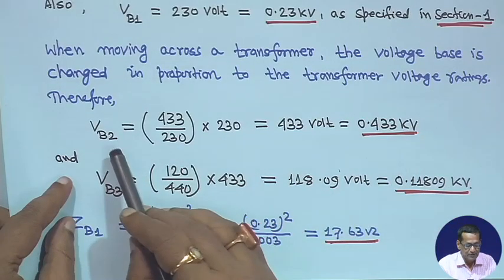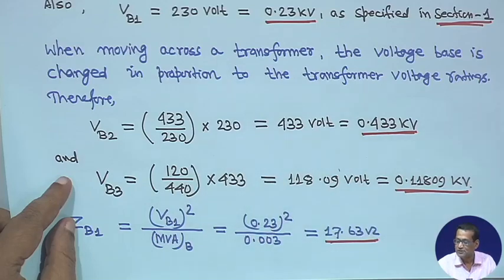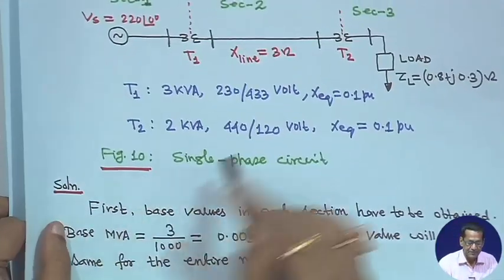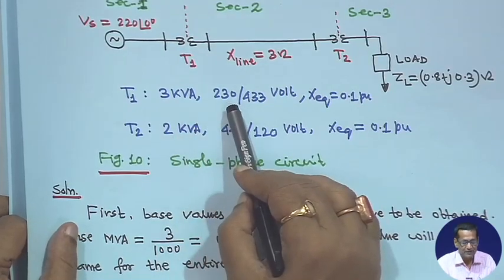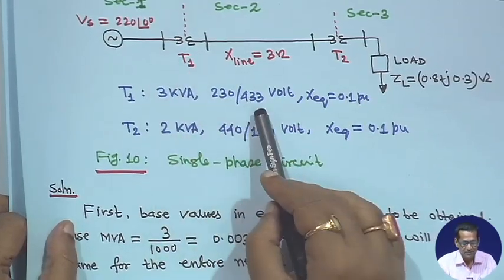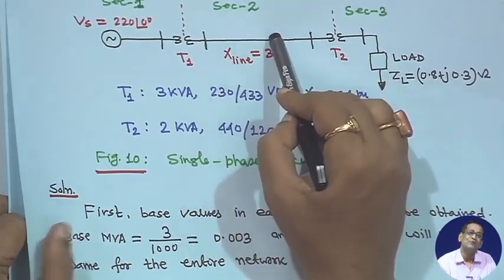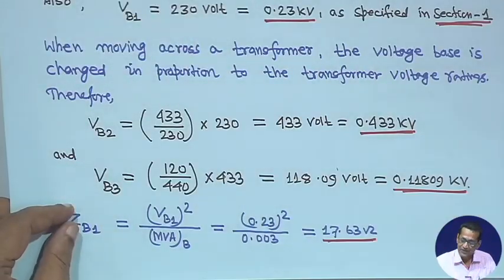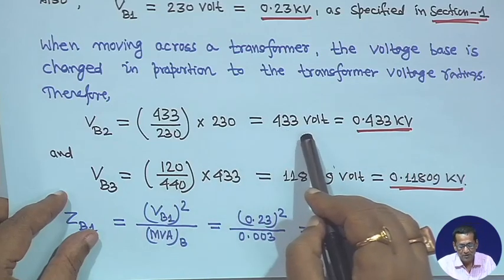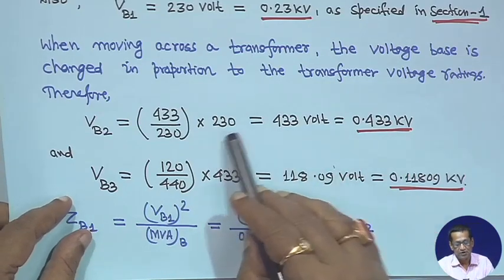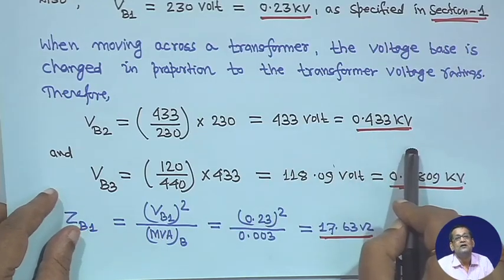Therefore, for section 2 the base voltage will be 433 by 230 into 230, that is 433 volt. When the transformer is 433 volt rating, automatically this side will have base voltage 433 volt. So, this is 0.433 kilovolt.